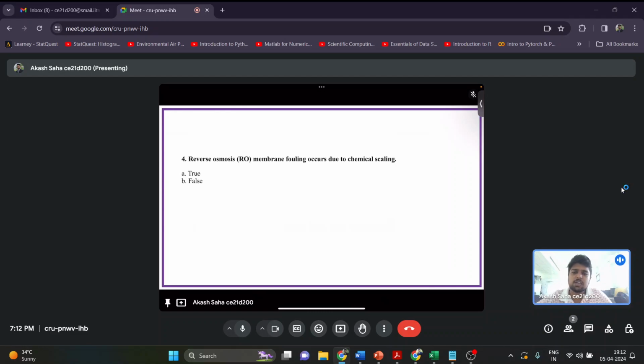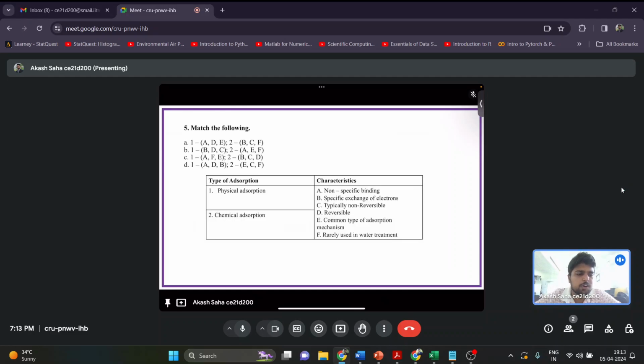Here, option A is correct because this statement is also true. Definitely the RO membrane will be subjected to chemical scaling because of the presence of dissolved organics. These pollutants or constituents can cause the chemical scaling. So it is true, option A.